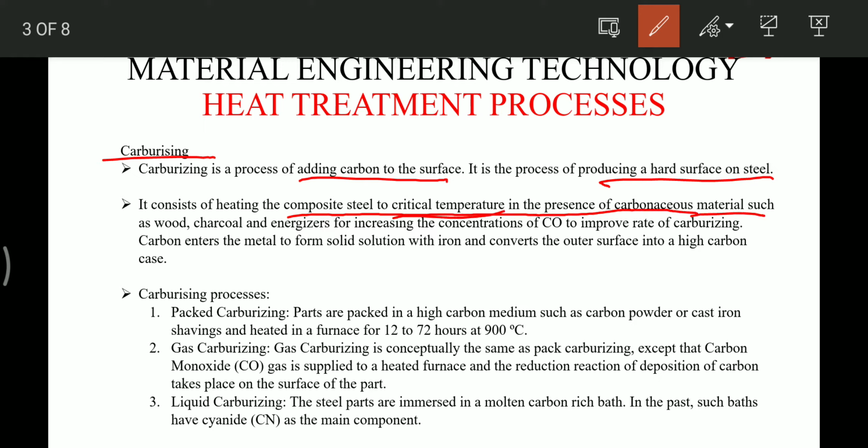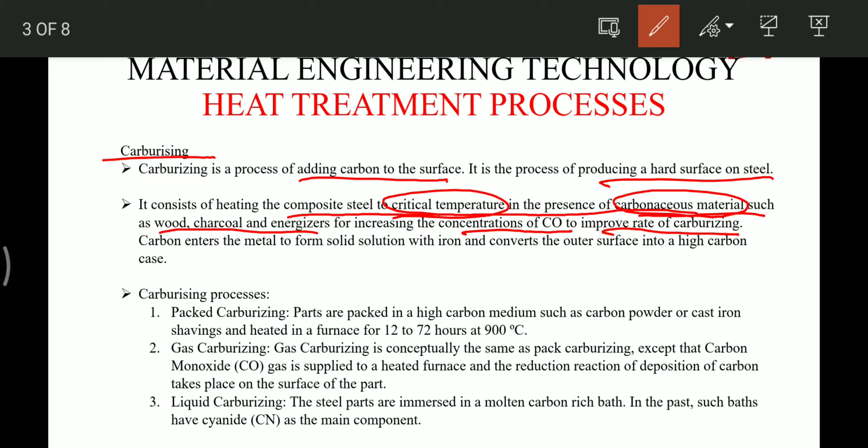The critical temperatures are A3 and A1, as I have already told you, for hypoeutectoid steel and hypereutectoid steels. The carbonaceous material can be wood or charcoal, for increasing the concentration of carbon monoxide to improve the rate of carburizing.